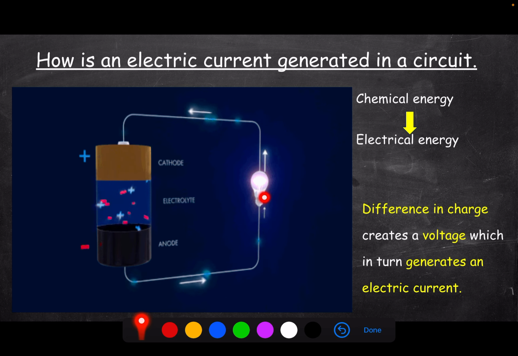And if you put an output device, like a light bulb, for example, connected to the wire, the electric current can flow through that and then cause work to be done on that device. So that's basically, in a nutshell, how we get it to do work for us.